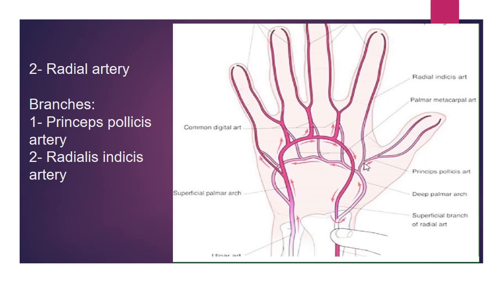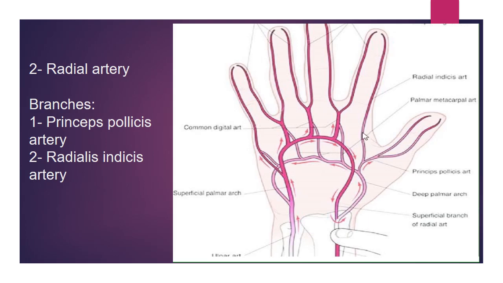This princeps pollicis artery divides at the base of the proximal phalanx of thumb into further two branches. These two branches supply the palmar aspect of the thumb, both lateral and medial aspects.